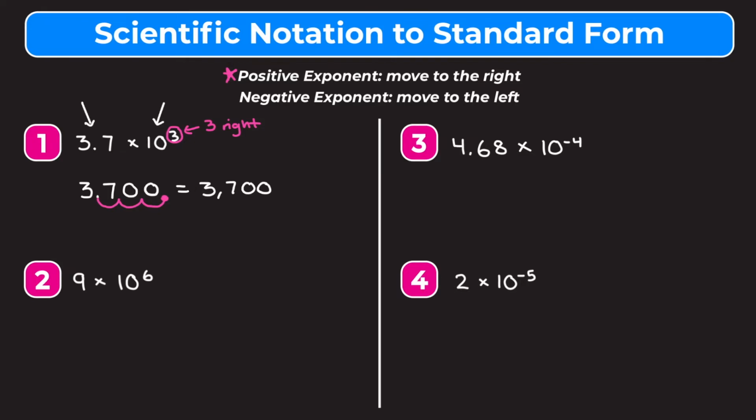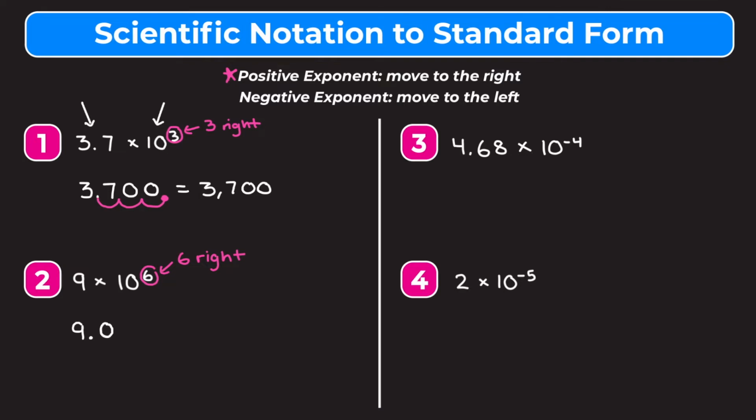Let's try another one. In example 2, we have 9 times 10 to the sixth. Again, we have a positive exponent, so this tells us to move to the right. This time it's a positive 6, so we want to go 6 places to the right. Our first number, 9, doesn't have a decimal point, so we just put a decimal point right to the right of it. 9 is the same as 9.0.